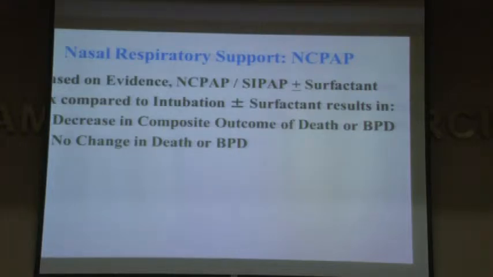So I have a simple question. Based on evidence of randomized controlled trials, nasal CPAP, with or without surfactant treatment, compared to routine intubation with or without surfactant treatment, results in: 1.